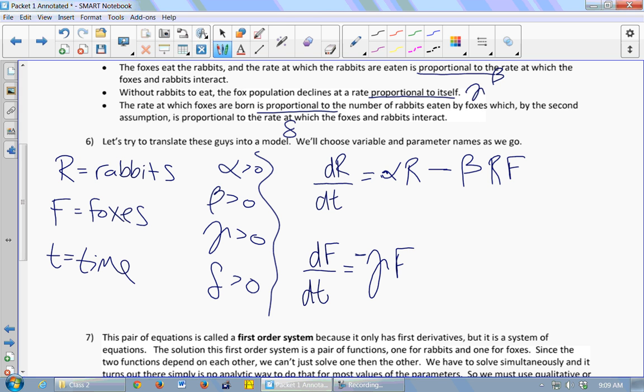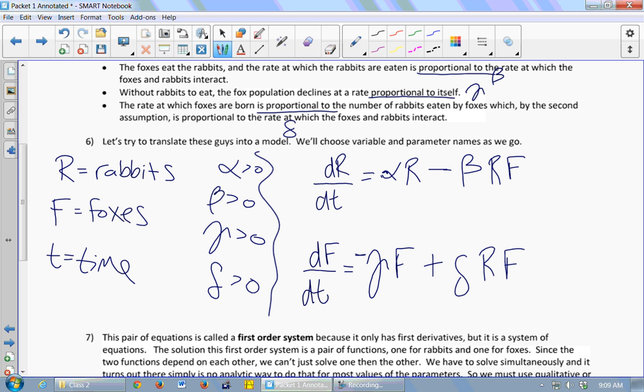Plus, right? The fox population goes up with more interaction, so that's why we have the plus there. R times F is the interaction number, and delta is the constant of proportionality.